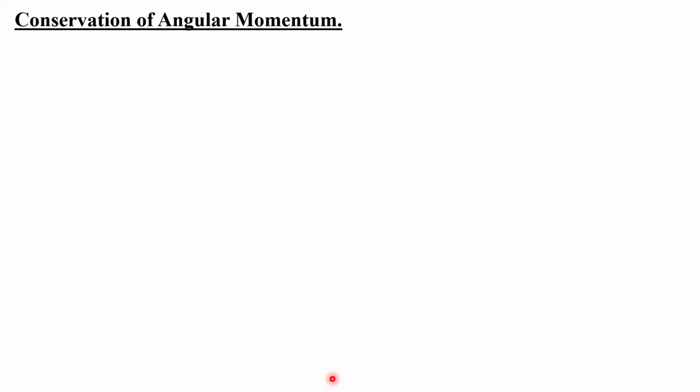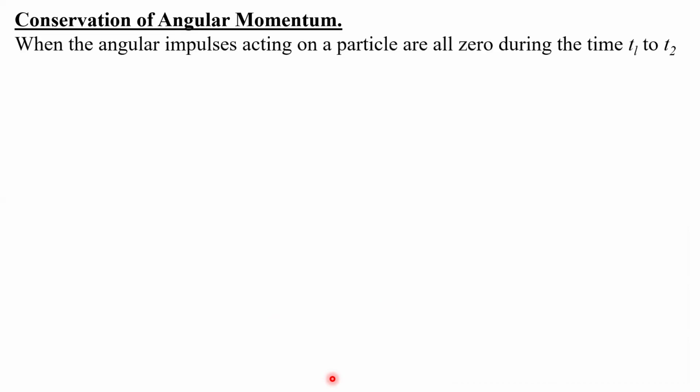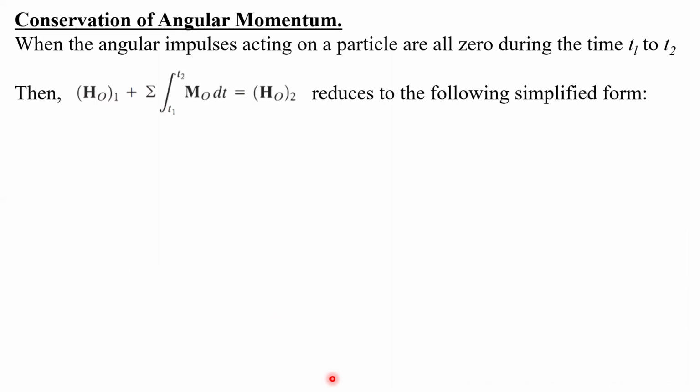Conservation of angular momentum. When the angular impulses acting on the particle are all zero during the time t1 to t2, then H_O1 plus the summation of the integral of M_O dt equals H_O2 reduces to the following form, because this term is the angular impulse.